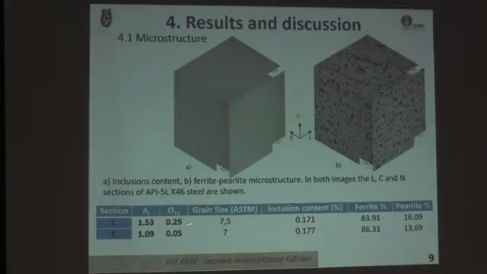The change that we can see in the microstructural characterization is the degree of banding of perlite and the orientation of the grains. And we can see a slight banding of the perlite in that section that corresponds to the longitudinal direction, and this is the circumferential direction.